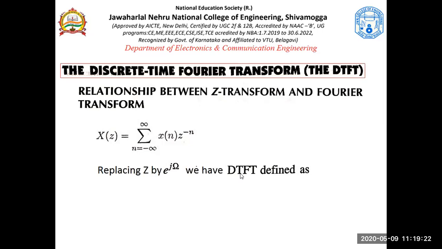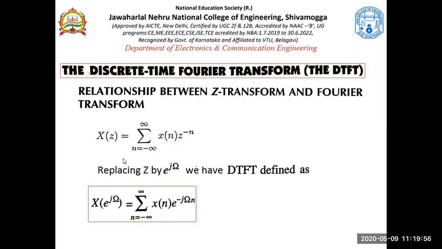Everybody understand that? It's quite simple. We know the equation for the Z transform, x of z, applied on signal x of n. DTFT is also applied on signal x of n only. But how does the equation for DTFT look? The equation for DTFT looks like this.